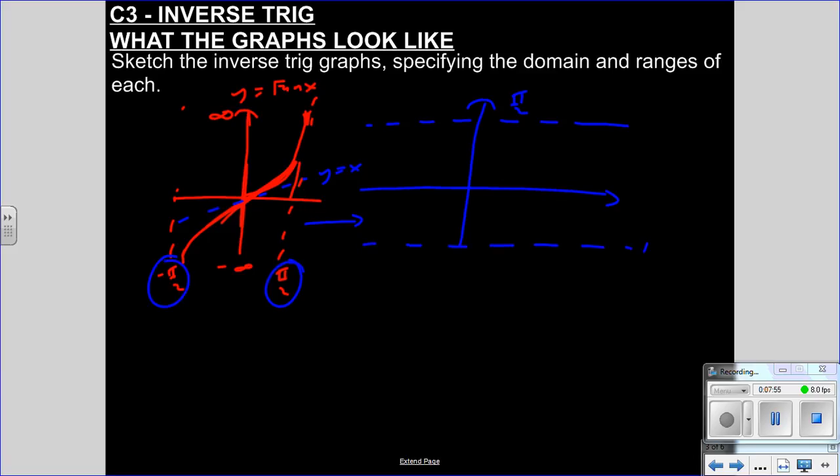So y equals minus pi by 2 and y equals pi by 2 here. You can see that this thing crossed at 0, so this will cross at 0. And also this stretched to y infinity, so now it's going to stretch to x infinity, and here we go. So there's our curve, like so.